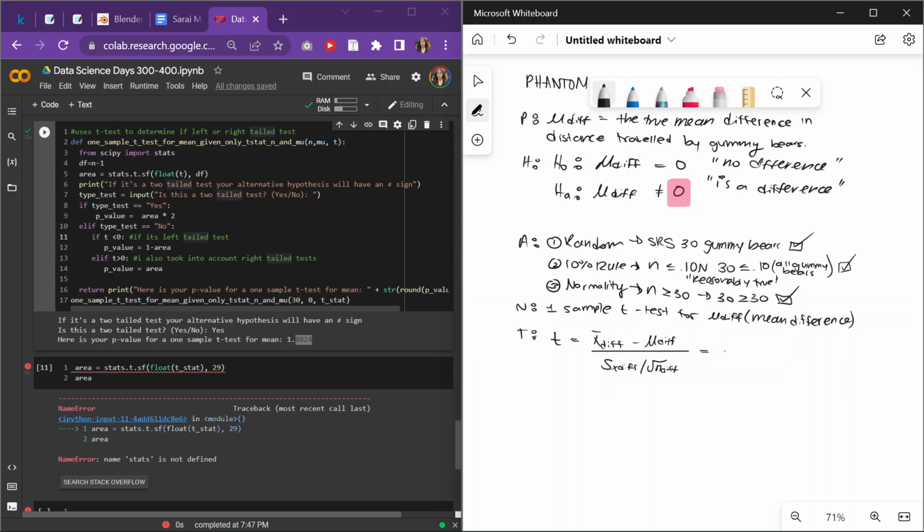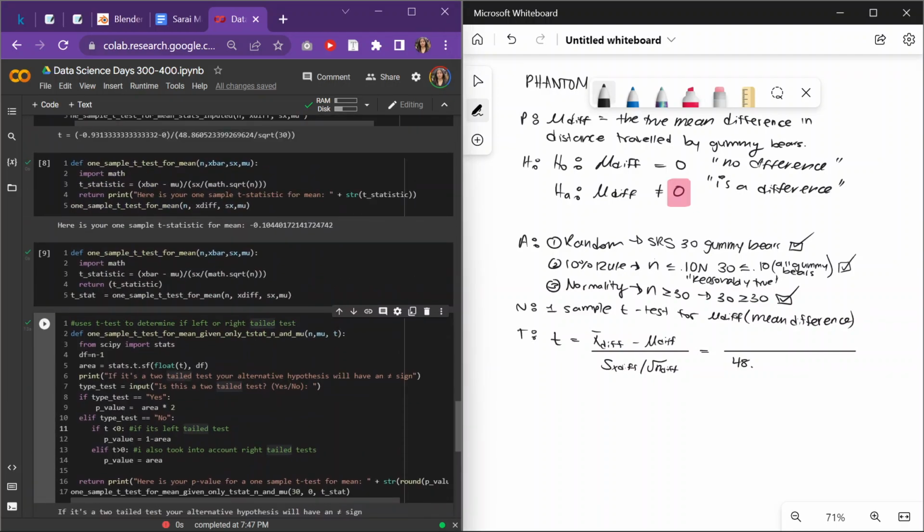And that's equal to 48.8605 divided by the square root of 30.